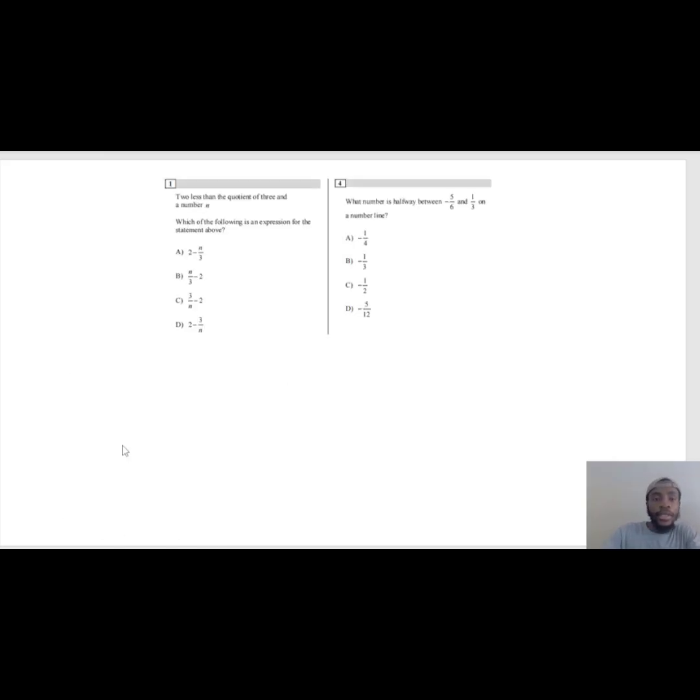So the first question says 2 less than the quotient of 3 and a number n. Now let's say we have 4 divided by 2. This right here is called the divisor. This right here is called the dividend.